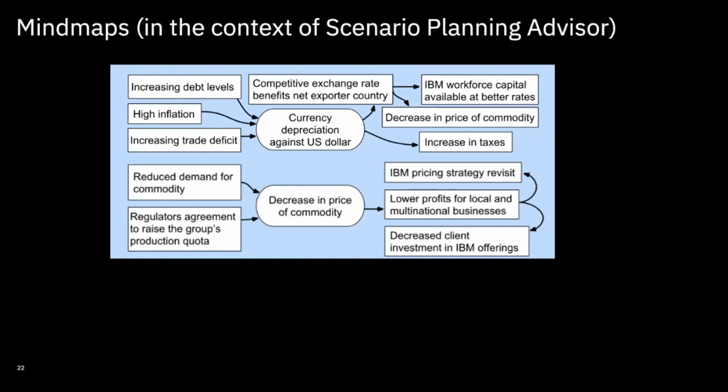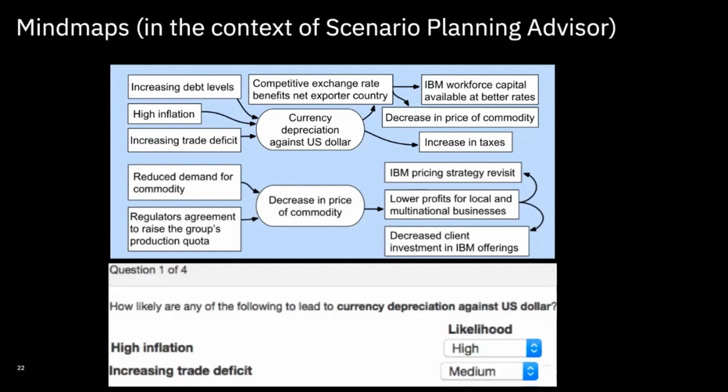The way to read this is, for example, high inflation may lead to currency depreciation against the US dollar, which may lead to increase in taxes. Now, we allow for customization of mind maps, and that is elicited using generated questionnaire that requests likelihood and impact for selected cause and effect pairs.